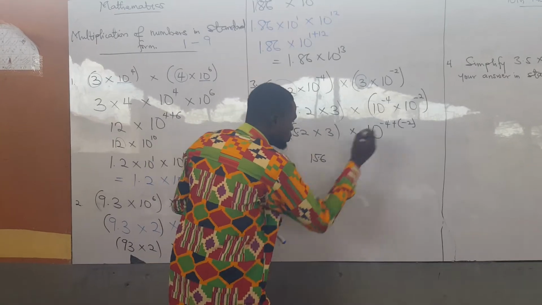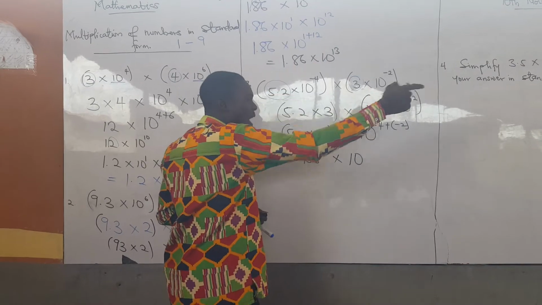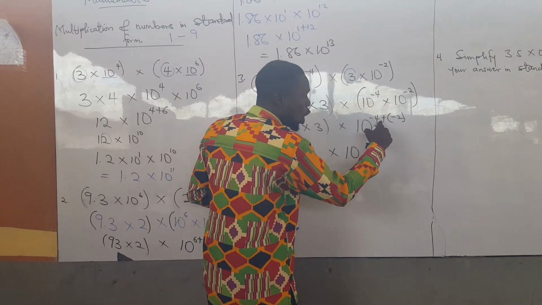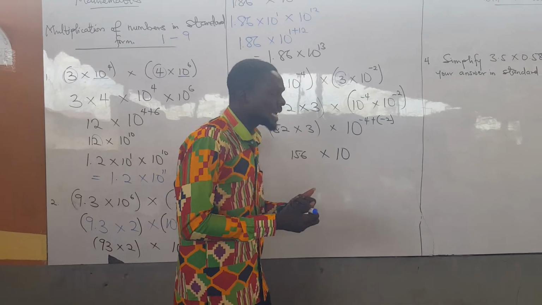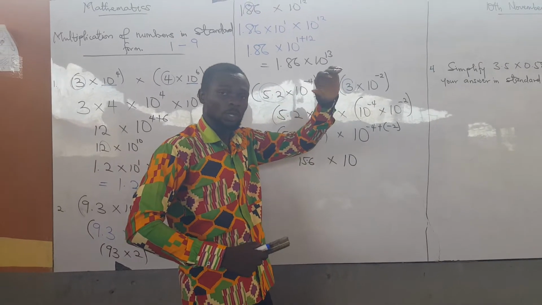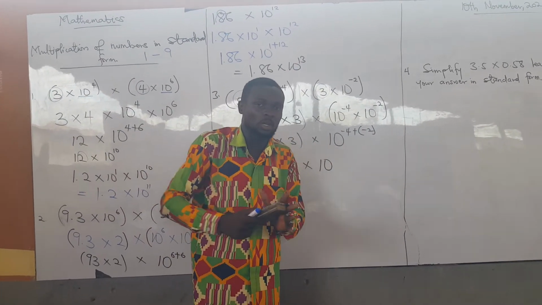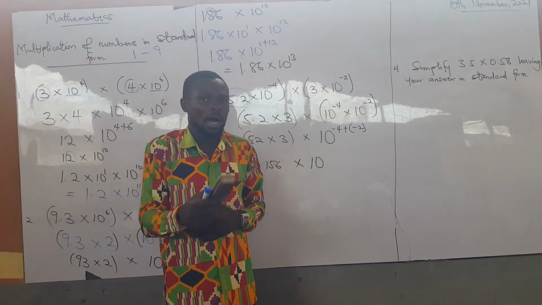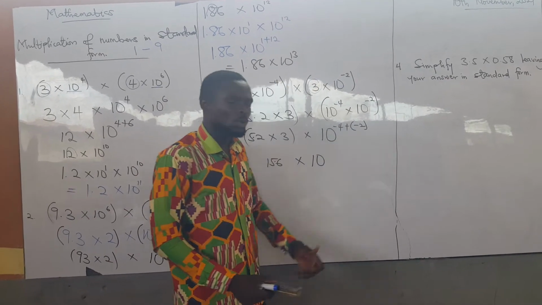Then we move on to the next one, times 10 raised to the power negative 4 plus negative 2. Negative 4. In our previous video, we were told that if a number is having negative and you are putting them together or you are subtracting, assume you are owing. So you owe 4 cedis. You owe another 2 cedis.